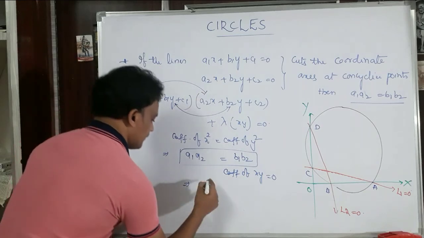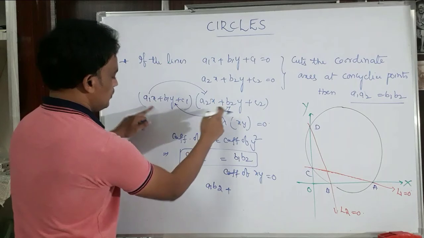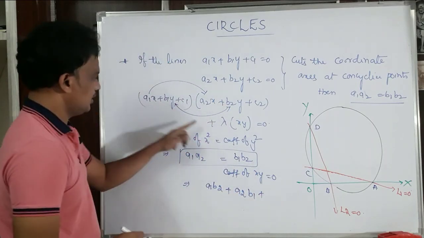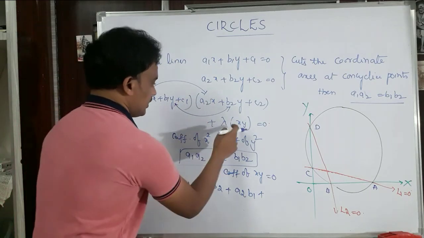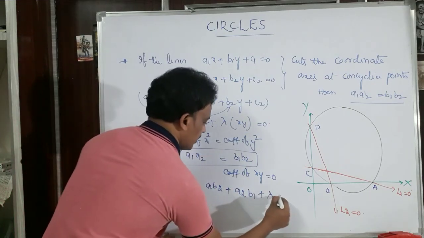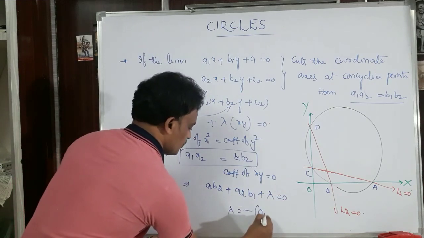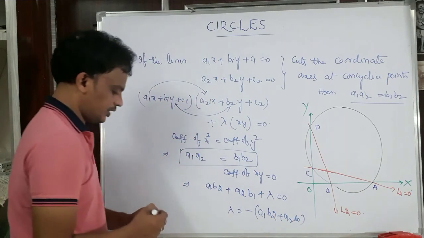It is a1 b2 plus a2 b1, and the coefficient of xy plus lambda equals 0. Yes, and what is the lambda value? Minus of (a1 b2 plus a2 b1), right or not.